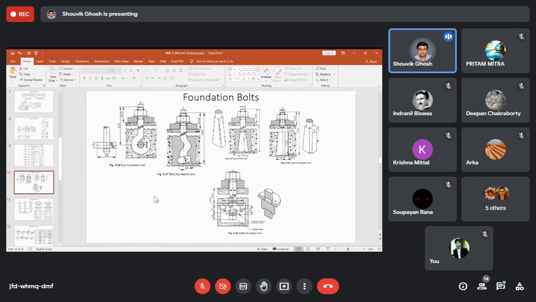In the Lewis foundation bolt, an additional key is supplied to fix the foundation bolt. And in the Potter foundation bolt, there is actually a quarter joint placed and fastened accordingly.